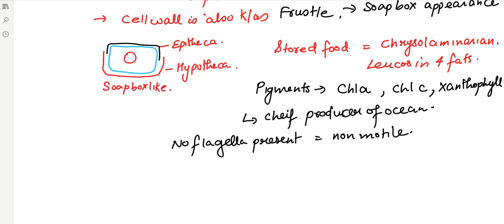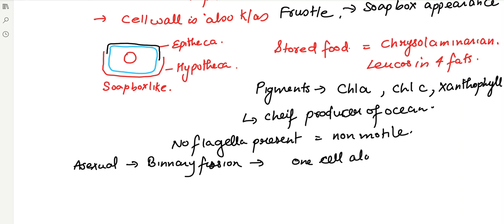Now the asexual reproduction basically happens by binary fission. During this binary fission, there is one thing which is a bit different from other cells: one cell always forms smaller.